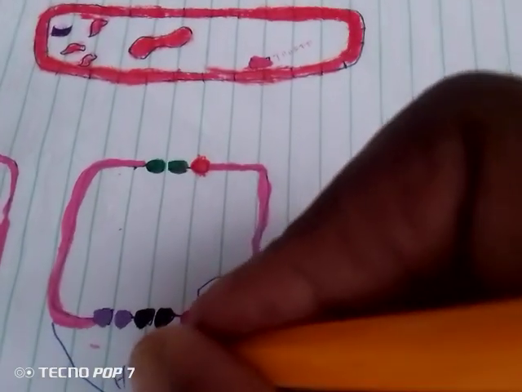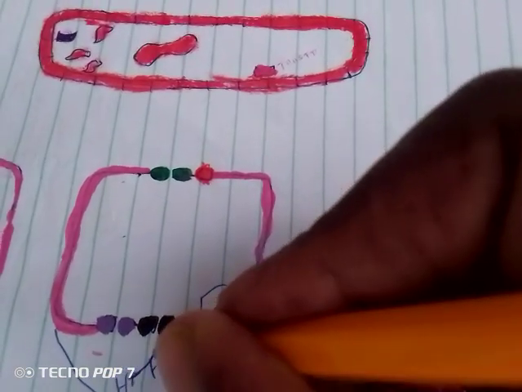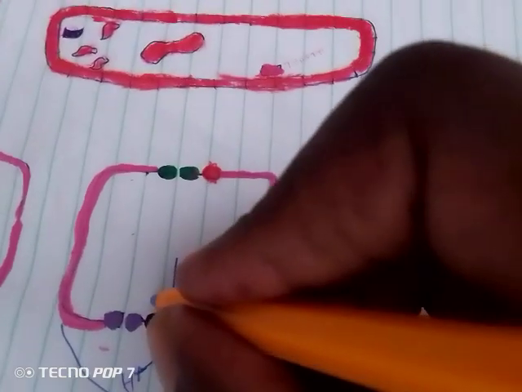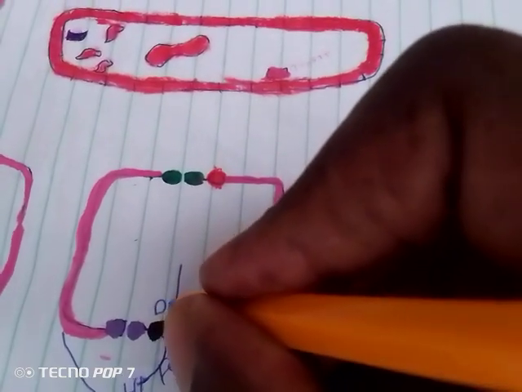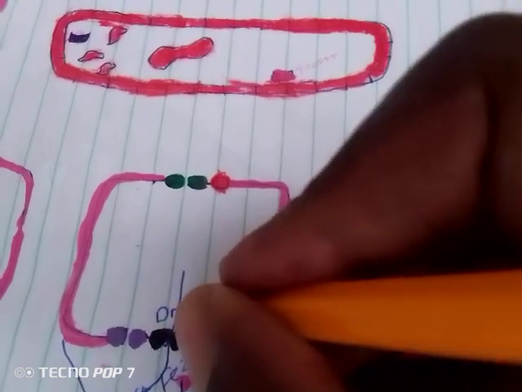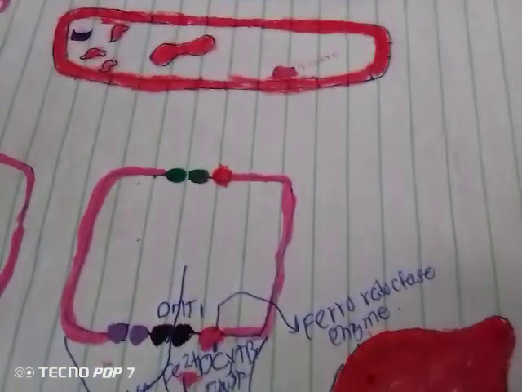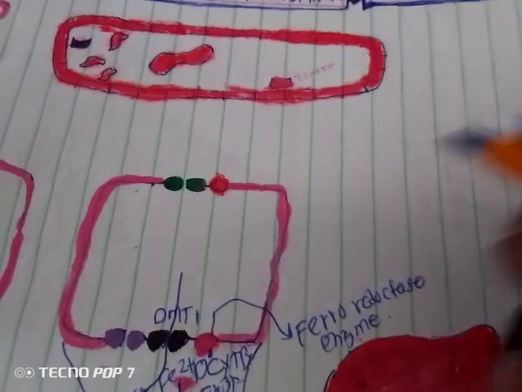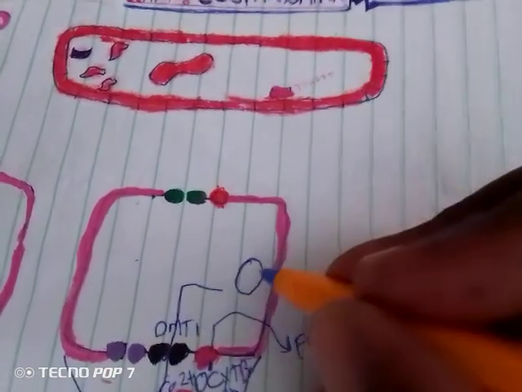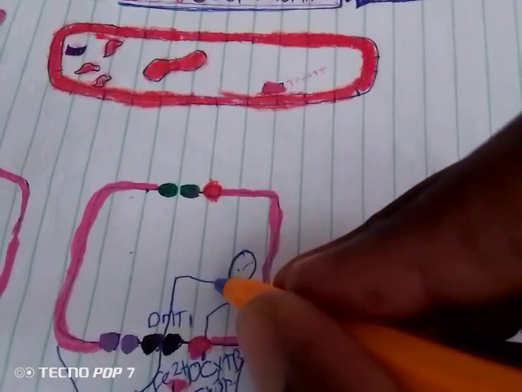With the help of hydroxy ion, it enters through this channel. This channel is called divalent metal transporter 1. Inside here, there is a protein called apoferritin.